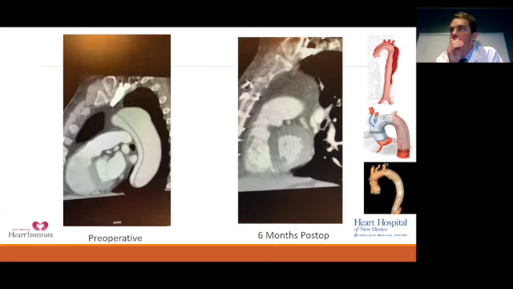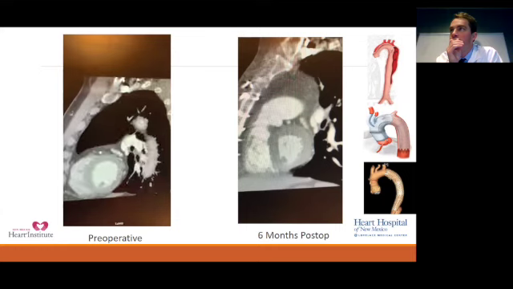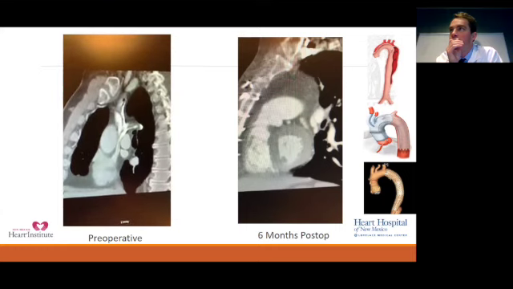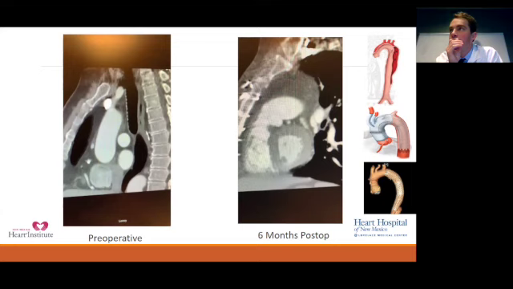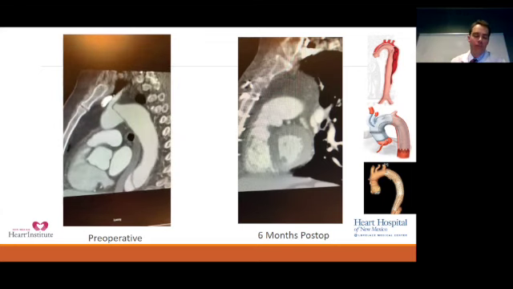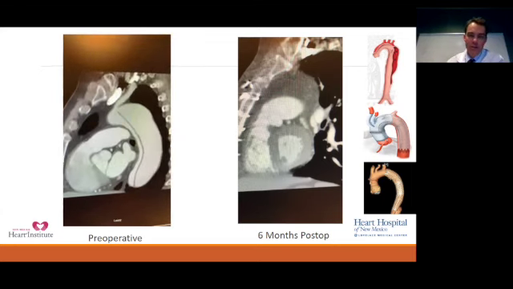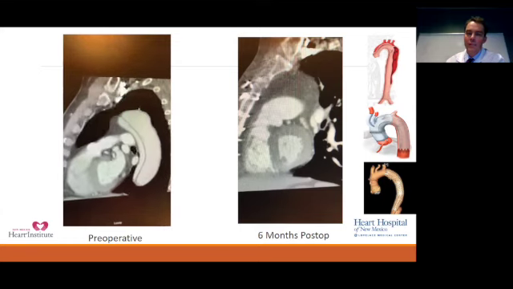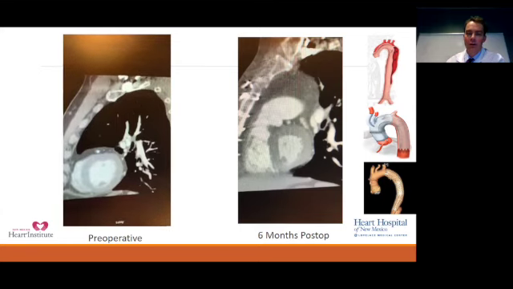What influences your decision to put the stent in at the time of surgery versus coming back to it? So the question relates to how we use the stent therapy.